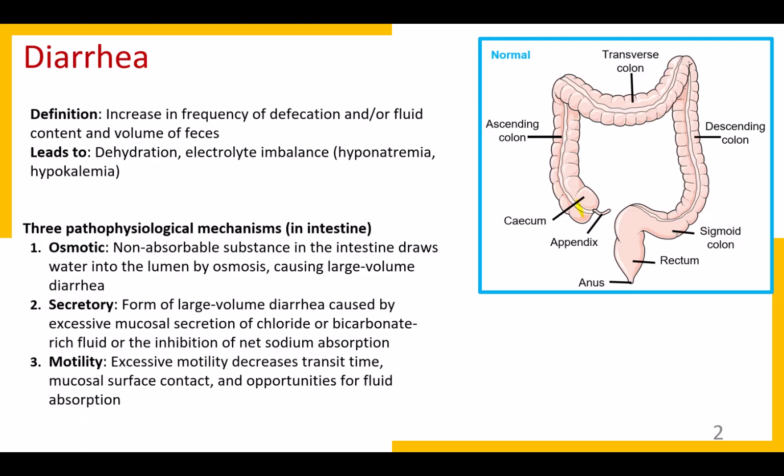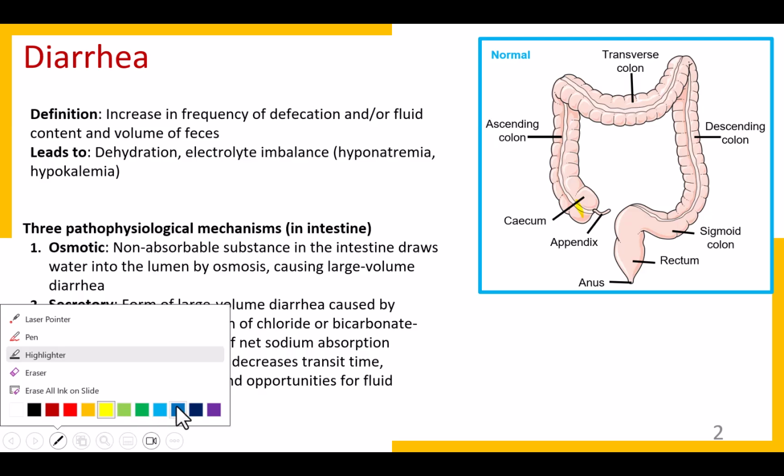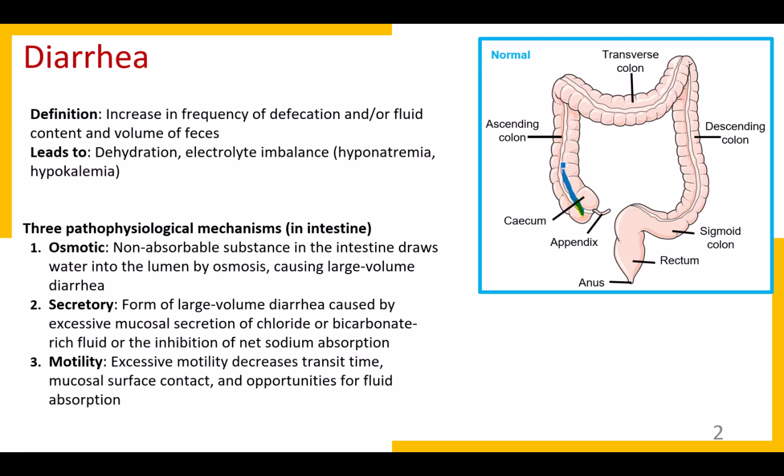So again, when the contents move very quickly through the large intestine, it doesn't actually have time to be absorbed into the blood vessels. And so water stays in there, and then you end up again with an increase in fluid content and volume of the feces, right?